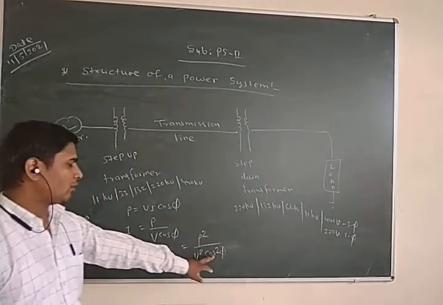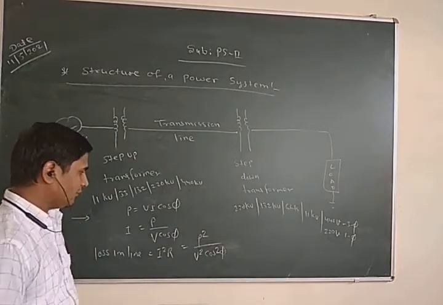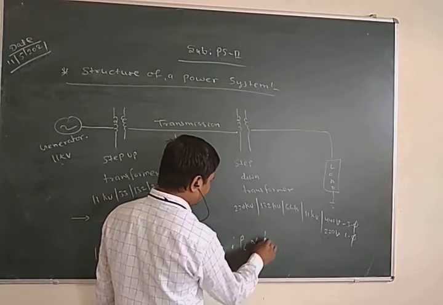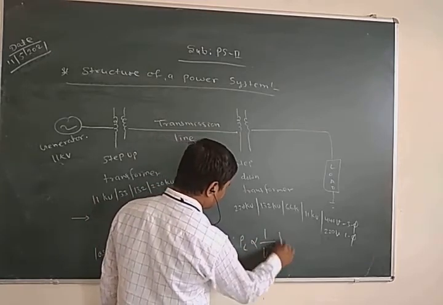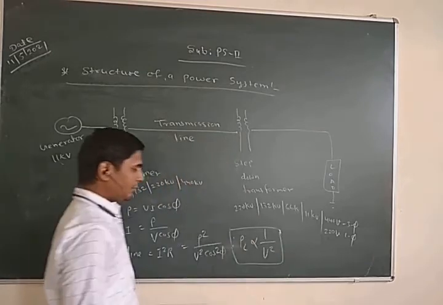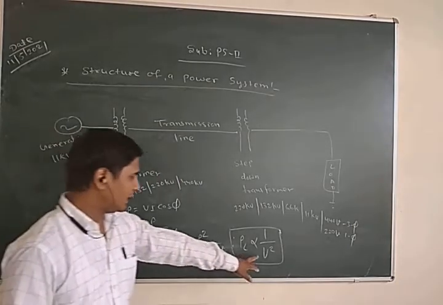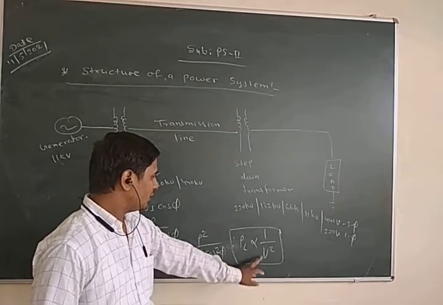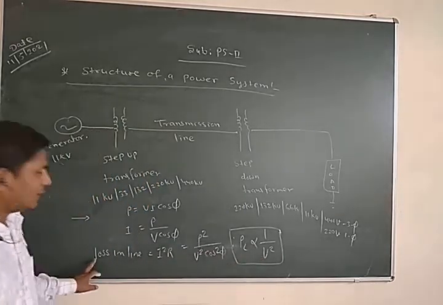If P and cos phi are constant, then the power loss is inversely proportional to 1 upon V square. It means if we increase the voltage at the sending end of the transmission line, it will reduce the power loss in the line.